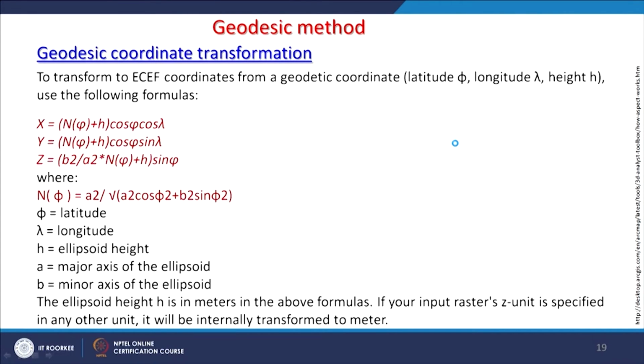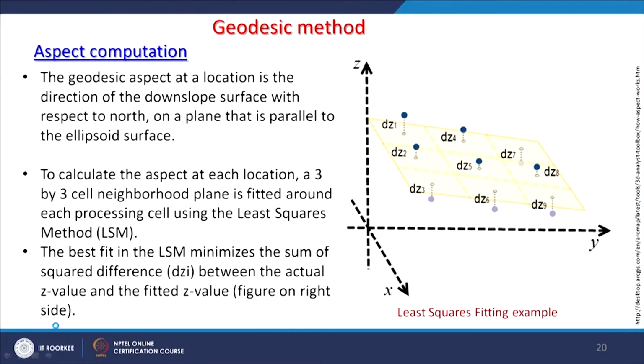Now, in this transformation, because this is a 3D Cartesian system, it has to be done for x, y and z also, and then you will have this formula. This is for latitude, longitude, and other details are also there for ellipsoidal height, because z is involved. So, that will also play a very important role.